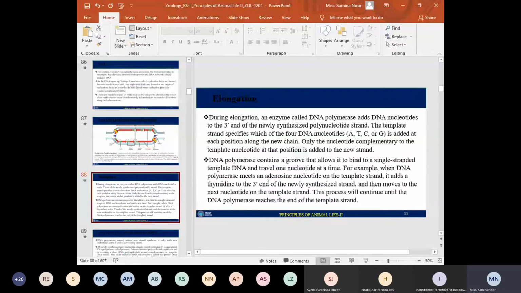As we have discussed in the previous topic, one pyrimidine base is attached to one purine base. So adenine pairs with thymine and guanine pairs with cytosine.